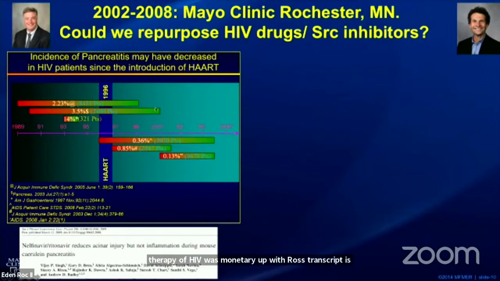And what was happening was they would see very high incidence of pancreatitis over here. But when the aspartyl protease inhibitors like nelfinavir were introduced, there was a big reduction in pancreatitis. That was exciting. And yes, we did find nelfinavir to reduce the severity of caerulein pancreatitis. We presumed it was via inhibition of the permeability transition pore. So that seemed nice, that perhaps we could repurpose some drugs like that.